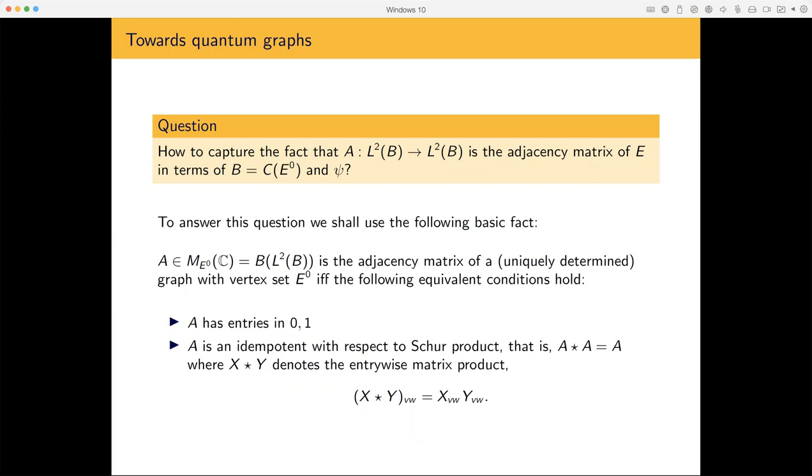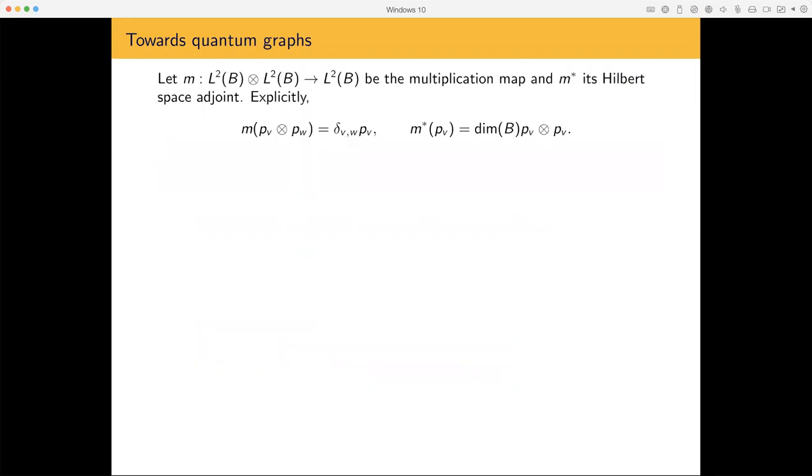And I claim that the Schur product can be expressed purely algebraically in terms of the data that I have assembled. Let me show you how this works.